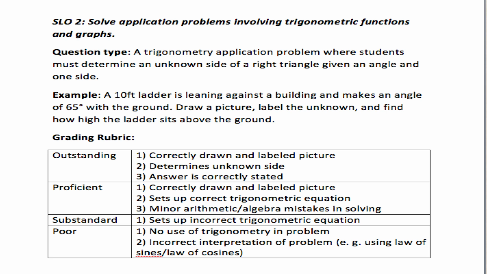It's a trigonometry application problem where students must determine an unknown side of a right triangle given an angle and one side. They provide an example, but of course faculty members can choose a different word problem should they choose. And then once again, they apply a rubric which establishes whether the student is outstanding, proficient, substandard, or poor.